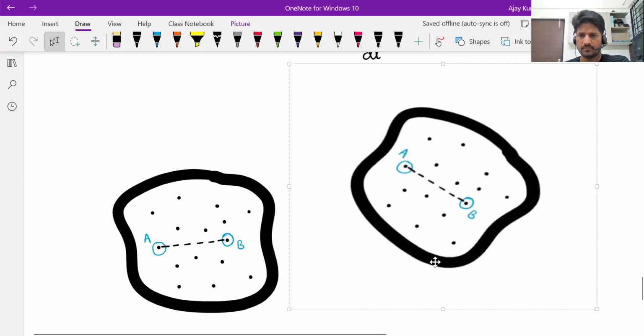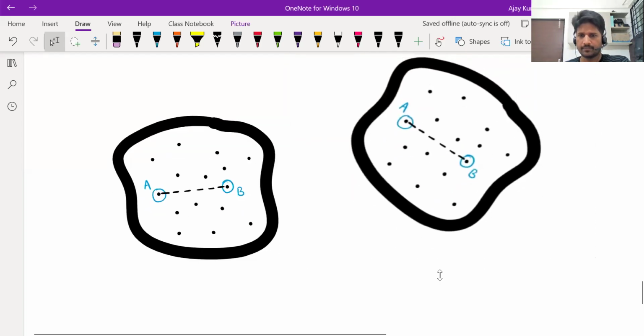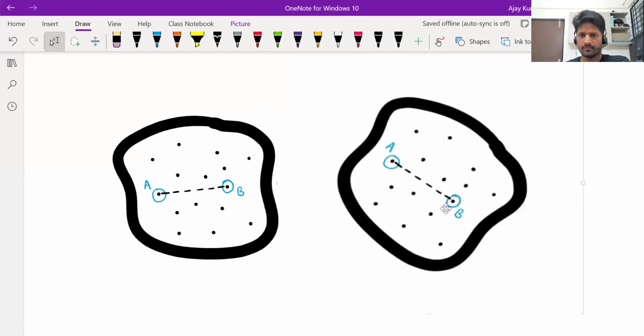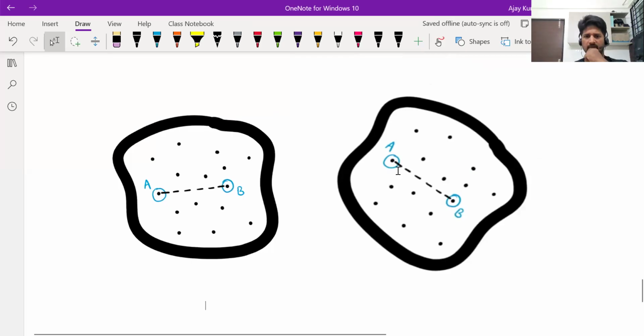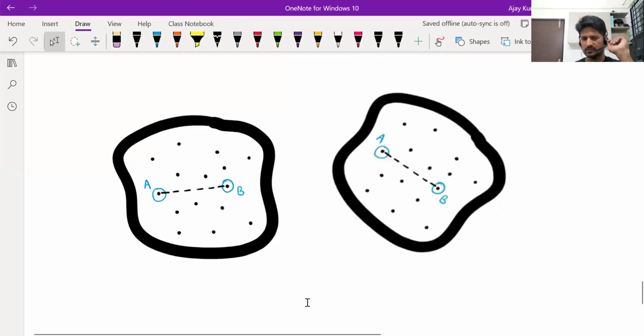See, it's the same system, but rotated. Fine. Okay, it's looking bigger. Consider it like this. It's a rigid body which has been rotated.